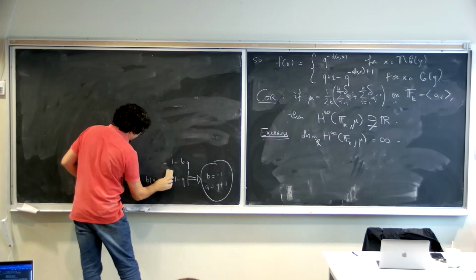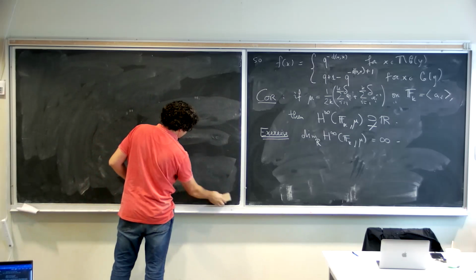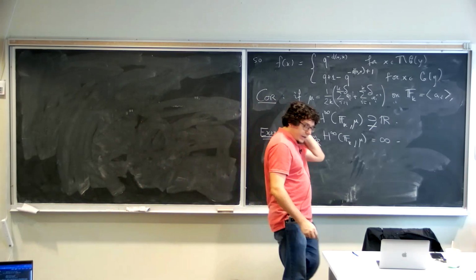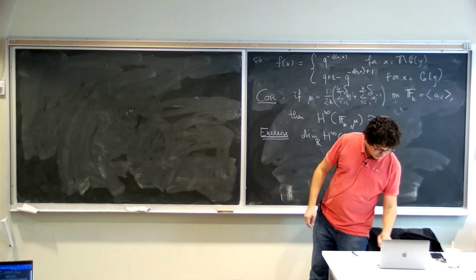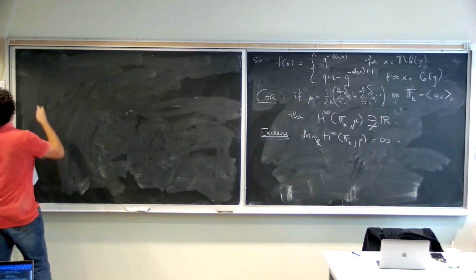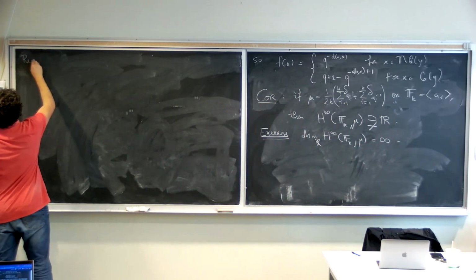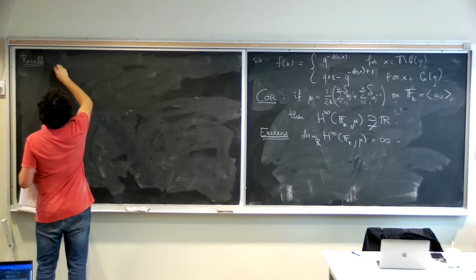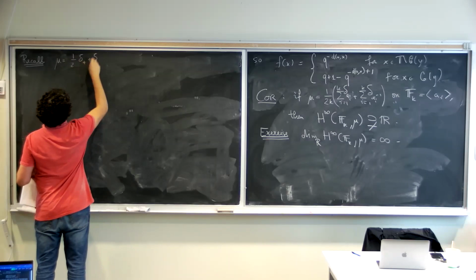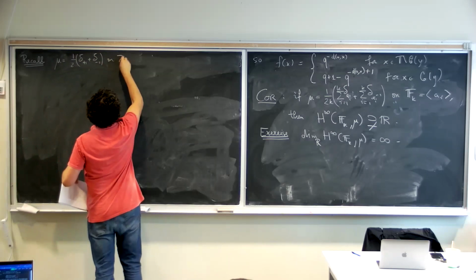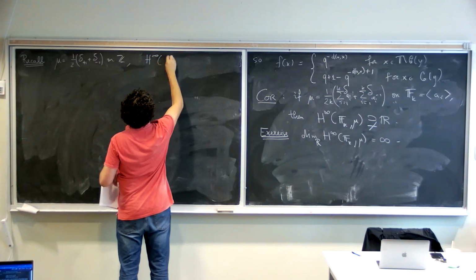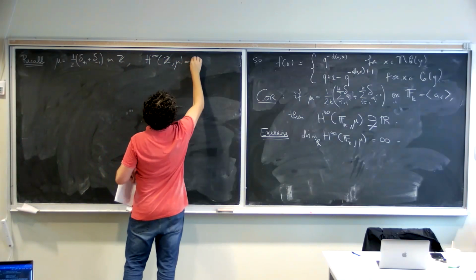Recall that we proved that if mu is simple random walk on Z, then the space of bounded harmonic functions is trivial.